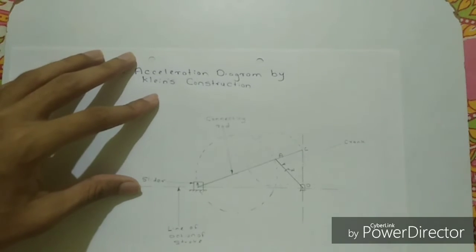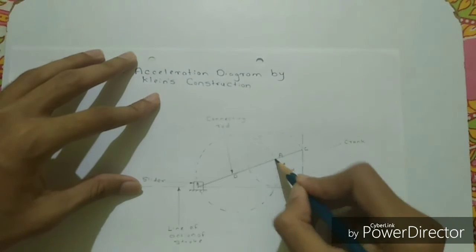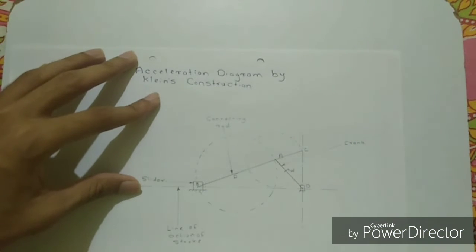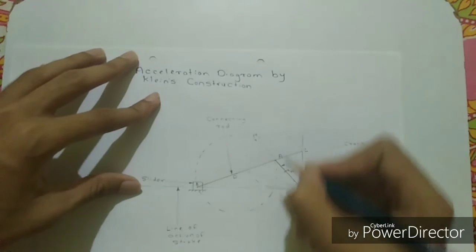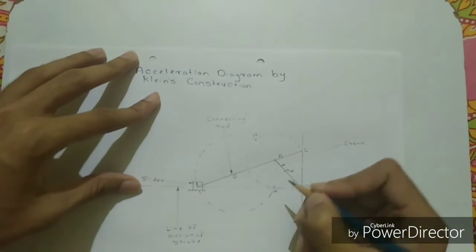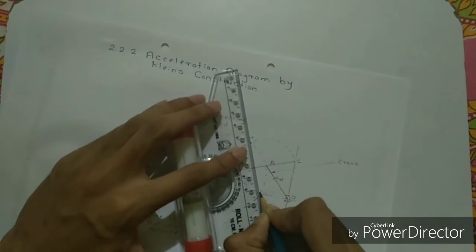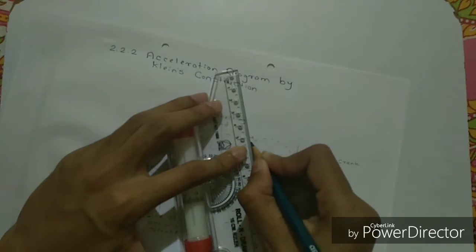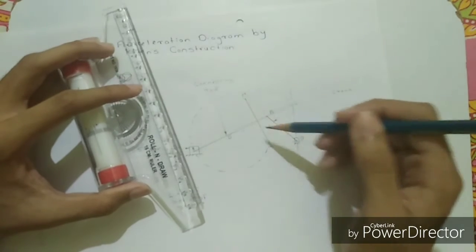Now we plot that point as D, and another circle with A as center. The intersection points of both circles are labeled M and N. That is one point M, and that is one point N. Join the points M and N. Finally we join MN to get the line MN.